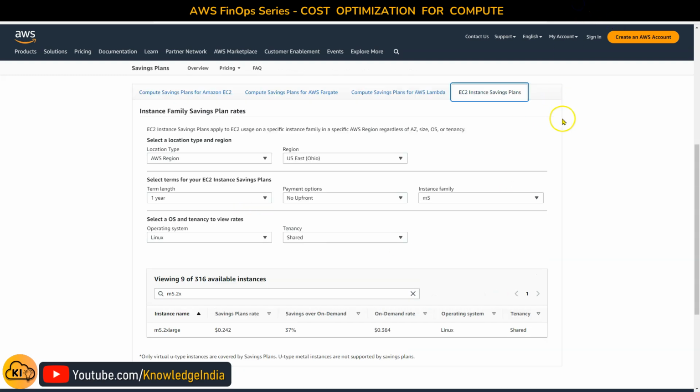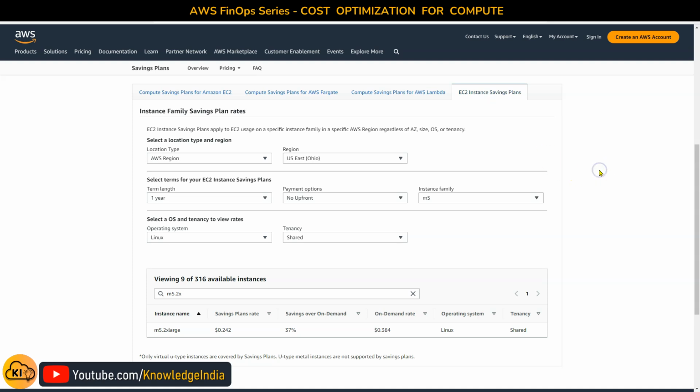Now, if you go to savings plan, you have two types: EC2 instance savings plan and compute savings plan. Compute is a more generic word. Compute savings plans can apply to EC2 usage, Fargate usage for containers, or Lambda usage for serverless, whereas EC2 instance savings plans apply only to EC2 instance usage.